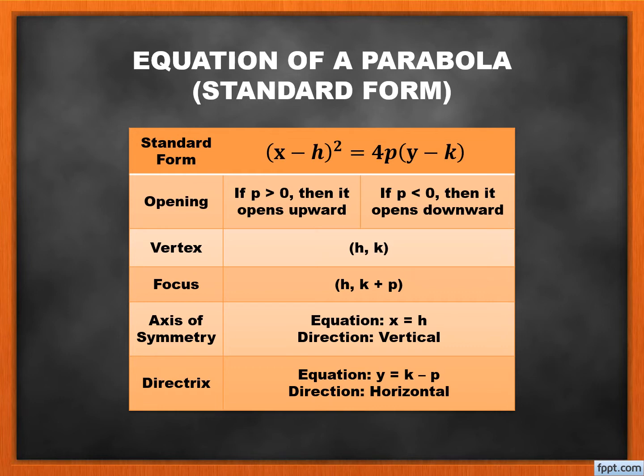The directrix is denoted by the equation y equals k minus p, and the direction is always horizontal. Remember that in this first set of the equation of a parabola, the quantity that is squared is the term which has the x term.